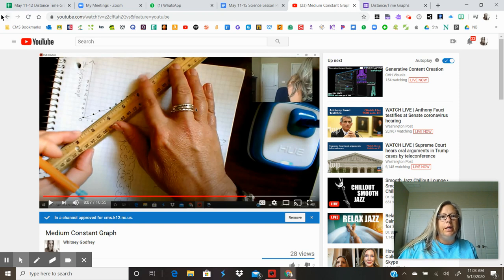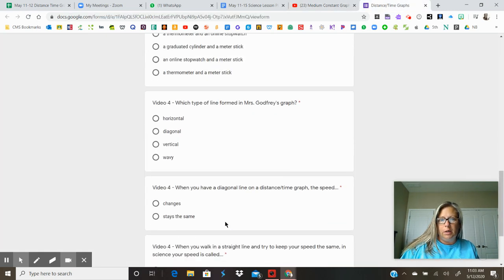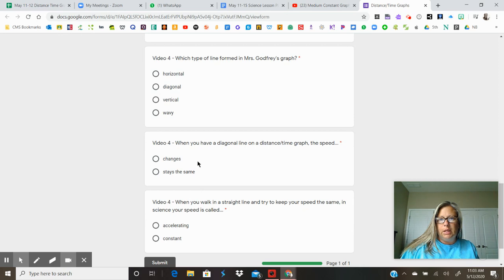And when I go back and look at the data from you guys, a lot of people said change, that the speed changes. So let's look at this question down here. This is where a lot of people messed up. When you have a diagonal line on a distance time graph, the speed, like half of you said, changes. So let's go back to my little paper.